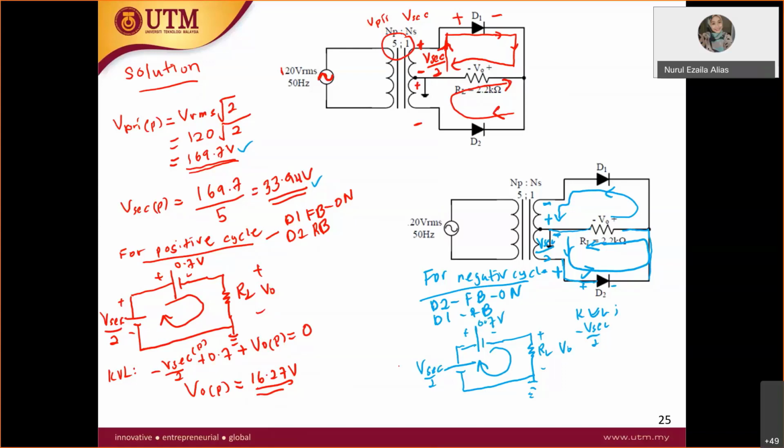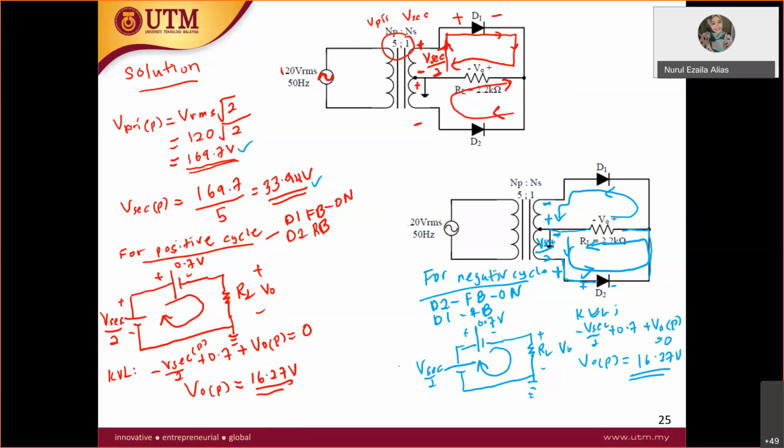So this will be 0.7 plus V out peak equals 0. So V out peak is the same value, 16.27 volt. Now you've done this part.